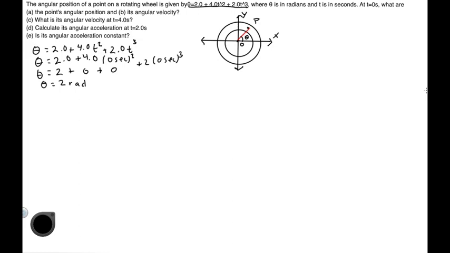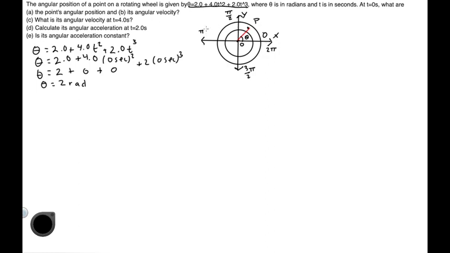So if we imagine this wheel as a unit circle, the positive x-axis, which is in this direction, starts at 0. The positive y-axis has an angle of pi over 2 radians. The negative x-axis has an angle of pi radians. The negative y-axis has an angle of 3 over 2 pi radians. And then as we rotate all the way back to the positive x-axis, this gives us an angle of 2 pi radians.